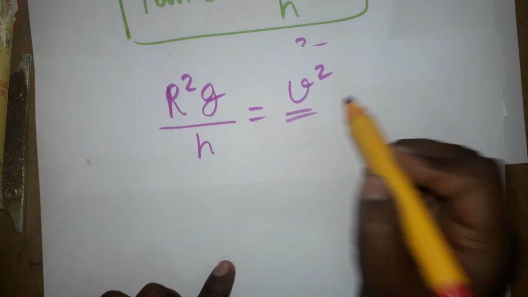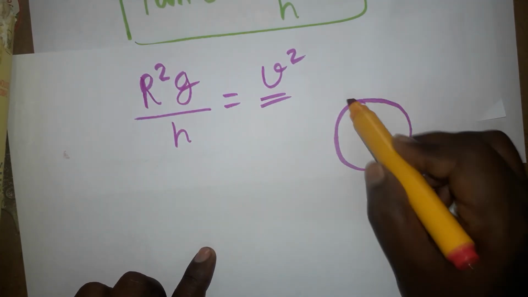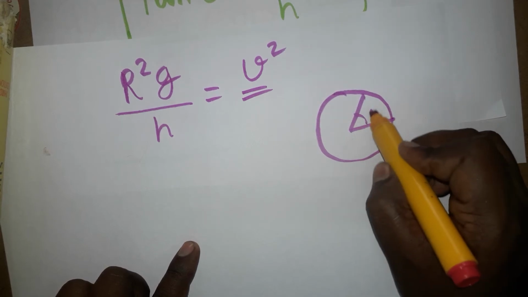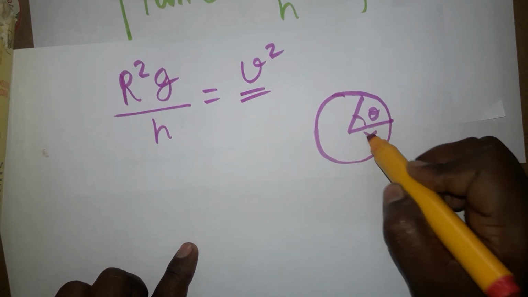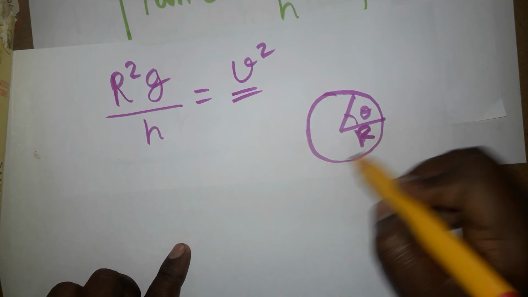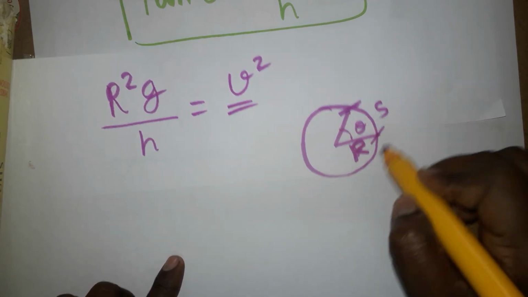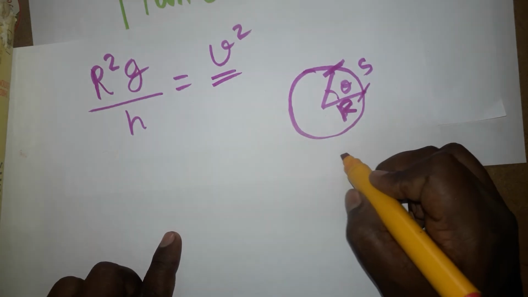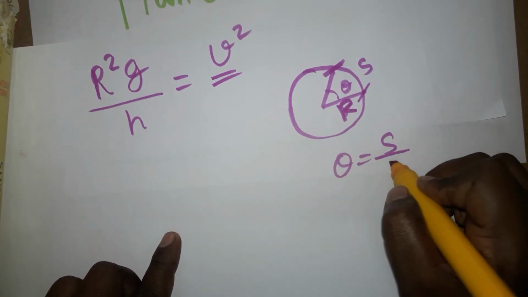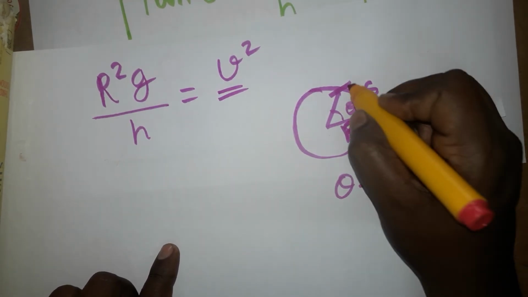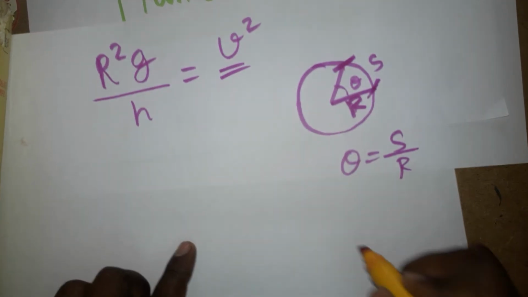The next thing, what is V square? It is a rotation motion. Theta will be the angle of rotation, R is the radius of the rotation, and S is the arc length. The relation between these three is theta is equal to S by R. If you divide arc length by radius, you will get theta.